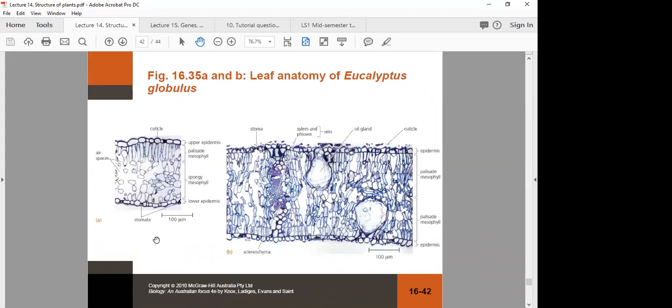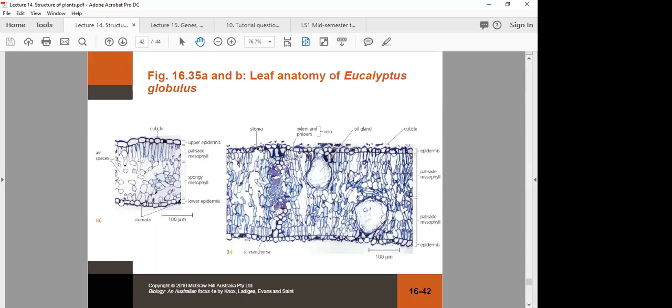So here's the leaf anatomy of a young leaf of Eucalyptus globulus, and we can very clearly see now this upper epidermis layer, and those epidermal cells will secrete that waxy layer called the cuticle.